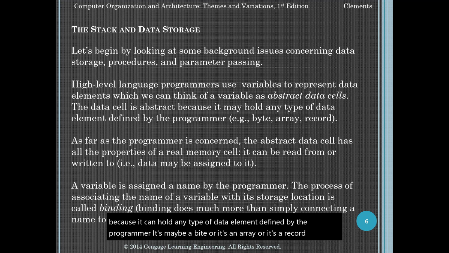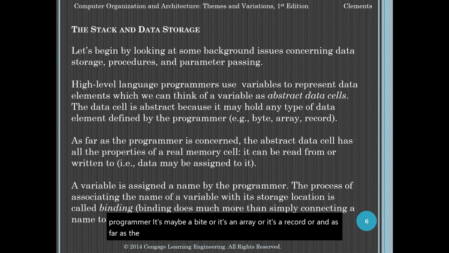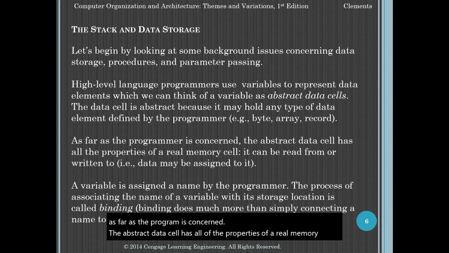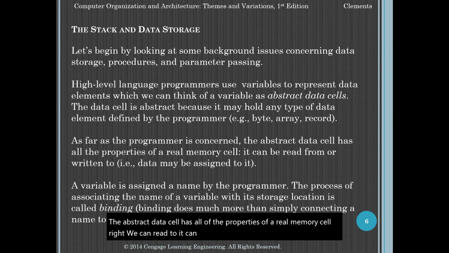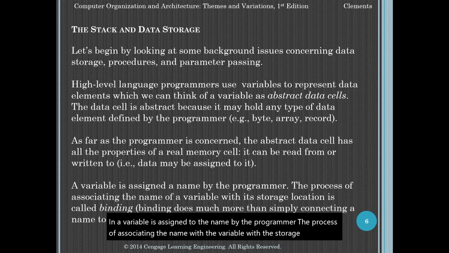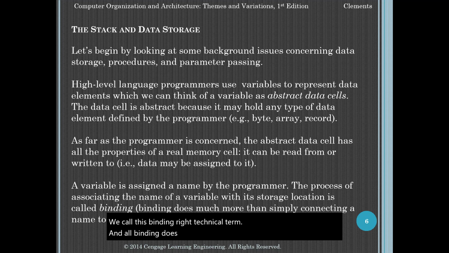And as far as the program is concerned, the abstract data cell has all of the properties of a real memory cell. We can read it, it can be written to, we can assign data, and a variable is assigned a name by the programmer. The process of associating the name with the variable, with the storage location, we call this binding. Technical term. And all binding does is connect a name to a variable.